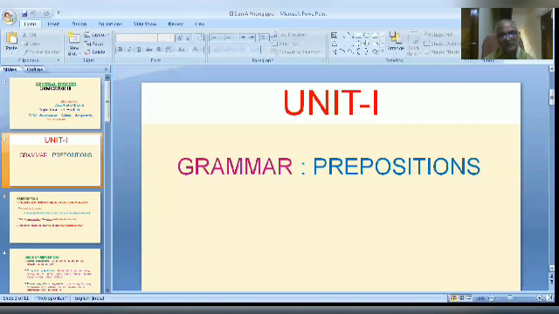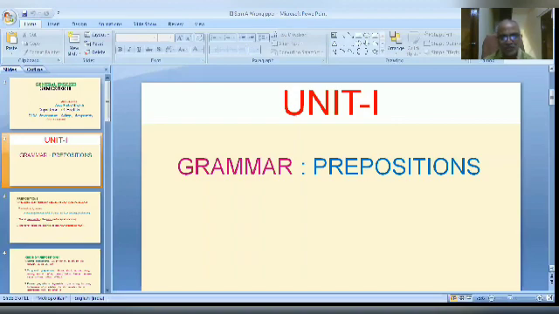So in our unit number 1, the 4th section, the last section, is the grammar topic, and under that we have prepositions in our syllabus. So in our today's presentation, we try to take a detailed study on prepositions.